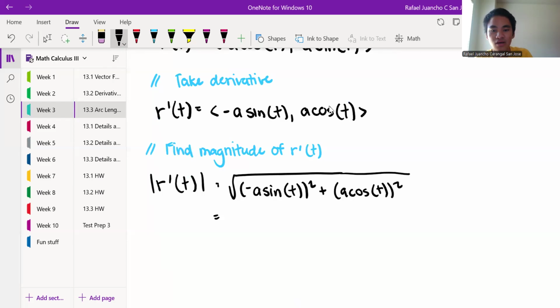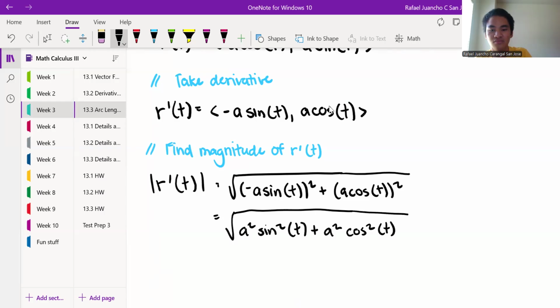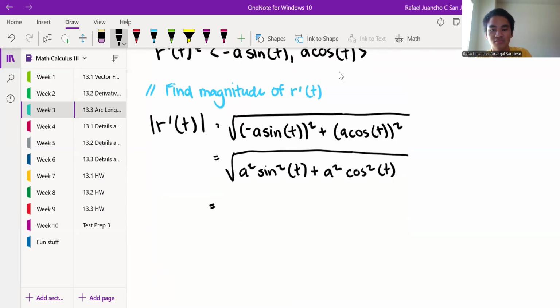I get a squared sine squared plus a squared cosine squared. I can factor out the a squared, and then this one becomes sine squared plus cosine squared, which is 1. So I actually just get a.